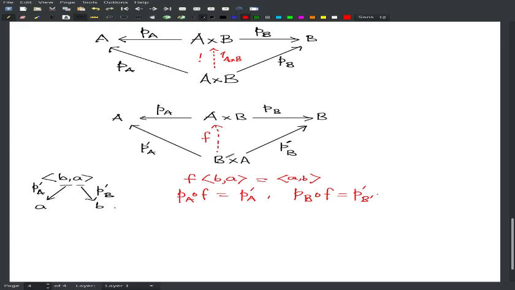Like PA faces upward, PA prime then goes counterclockwise, meaning it goes against the arrows. Is there significance in that? No, there is no speciality in how these arrows are drawn. I could have drawn it like this also.